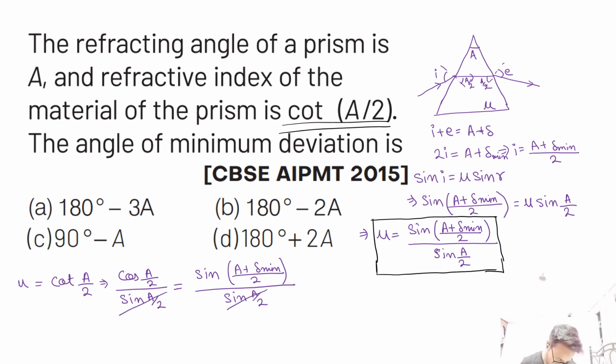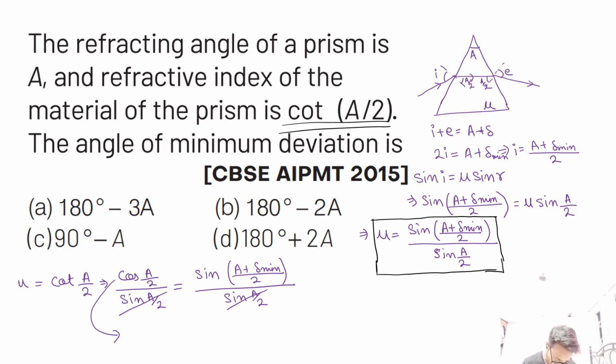Now the angle for minimum deviation is, can I say cos A by 2 is nothing but sine of (90 minus A by 2)?